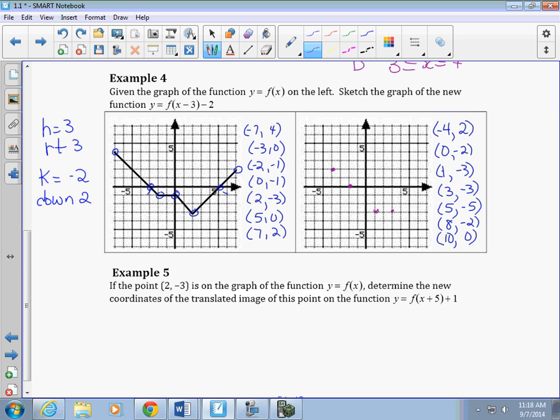And then it's 5 and -5. 8 and -2, so I'm not going to be able to show you that one because it's transformed off the graph, but 8 and -2, 7, so be about right here. And then your 10 and 0 about right there. So my graph is now going to go like that.